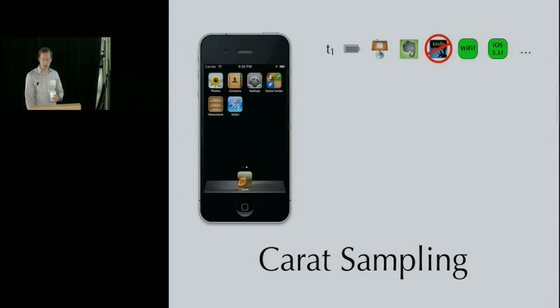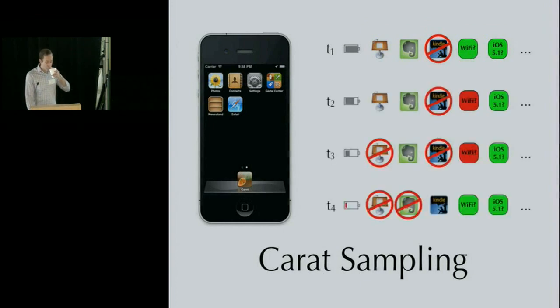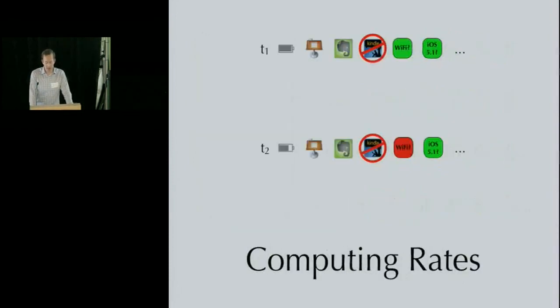And it doesn't just collect one sample, it collects samples over time. In this case, you see that the battery in the second column there is depleting over time. Certain apps are being closed or opened. Wi-Fi access is intermittent, and so on. So this tells us what the battery level is instantaneously, but we're actually interested in rates of battery drain. So what we'll do is look at consecutive pairs of discharging samples and convert this into a rate.